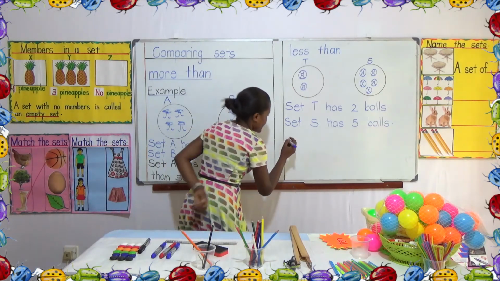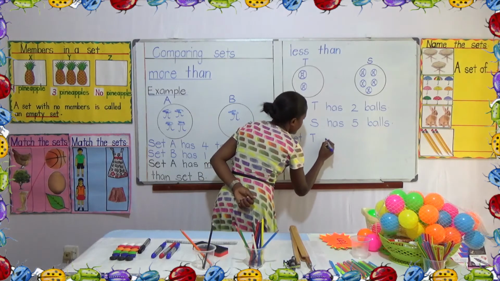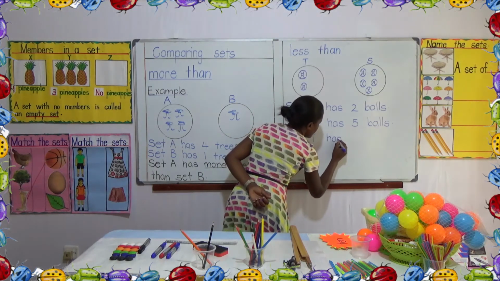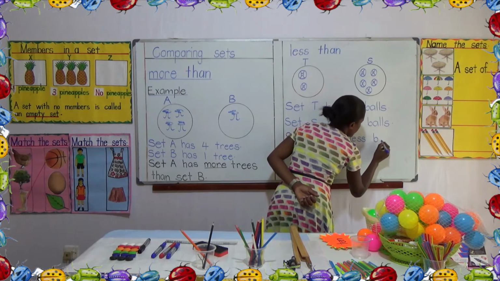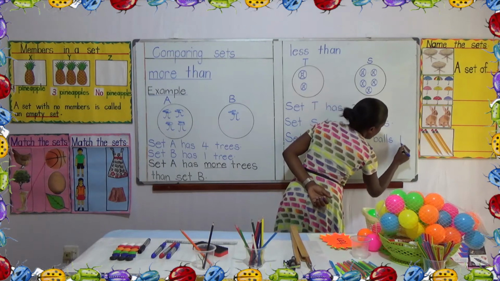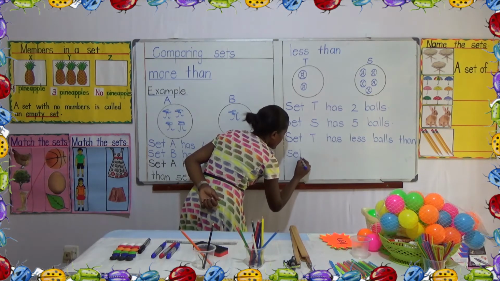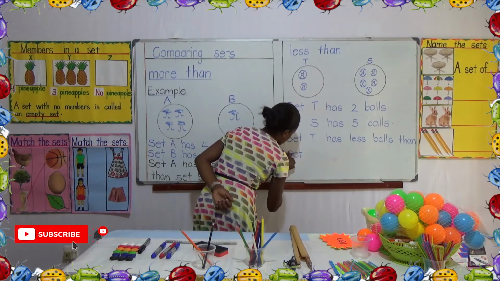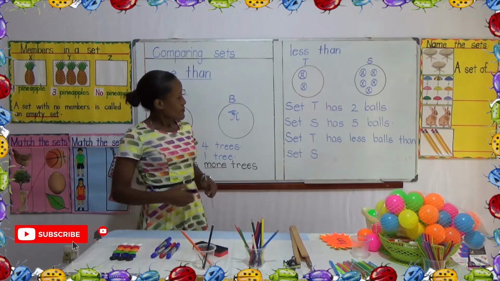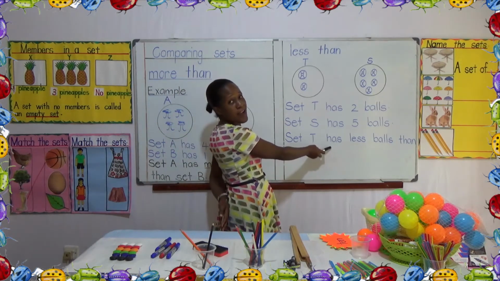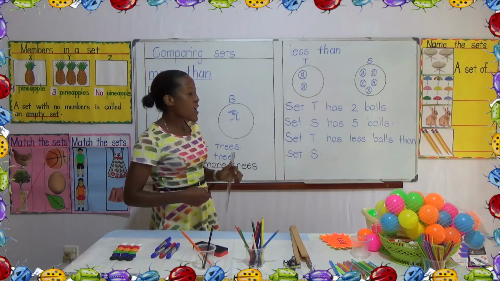We write that. What have I written? I have written set T has less balls than set S. Let me underline my word less.